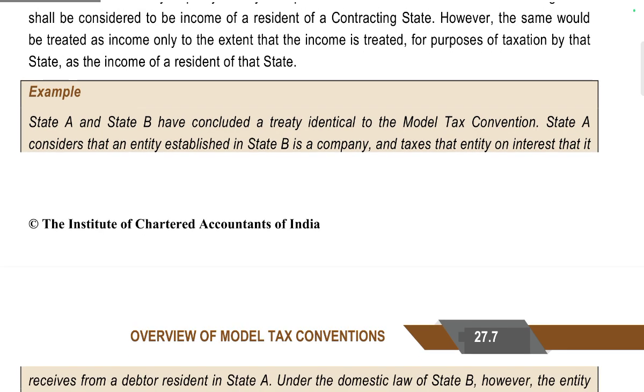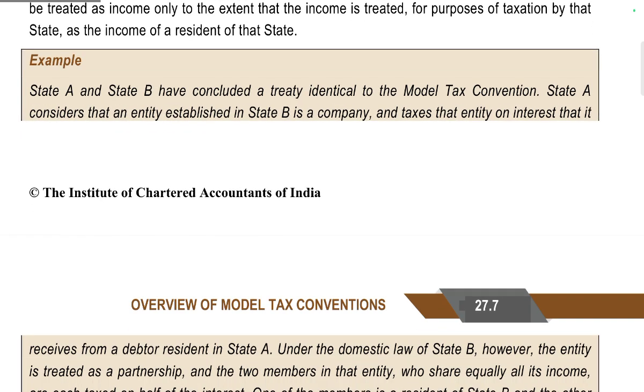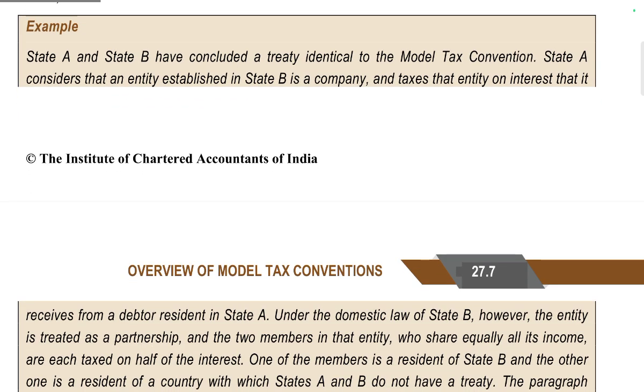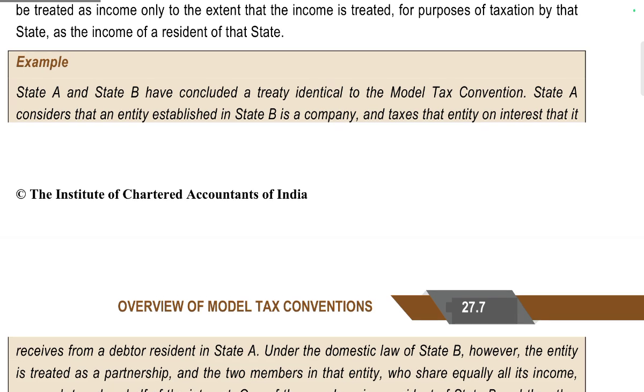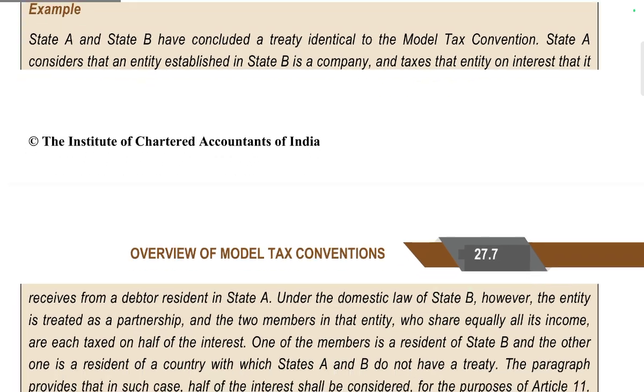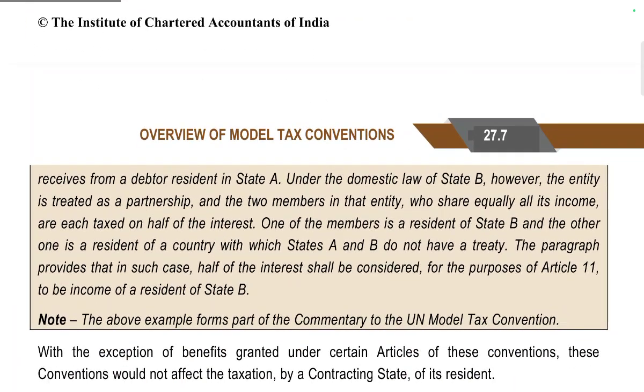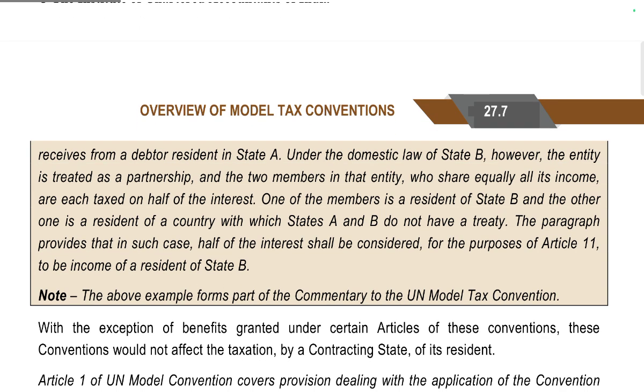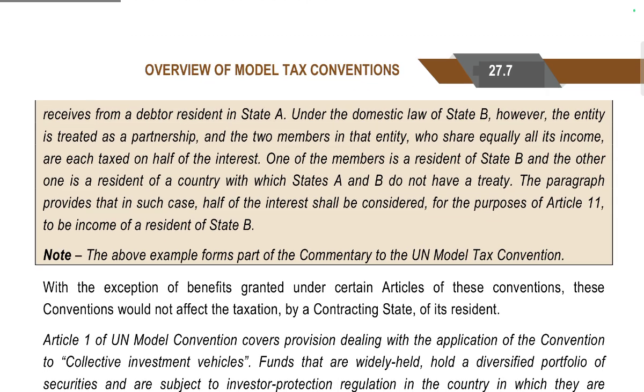Example: State A and State B have concluded a tax treaty identical to the model tax convention. State A considers that an entity established in State B is a company, and taxes the entity on interest received from debtors resident in State A. Under the domestic law of State B, however, the entity is treated as a partnership, and its two members, who equally share the income, are each taxed on half of this interest.